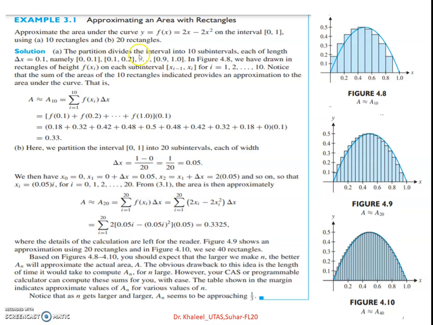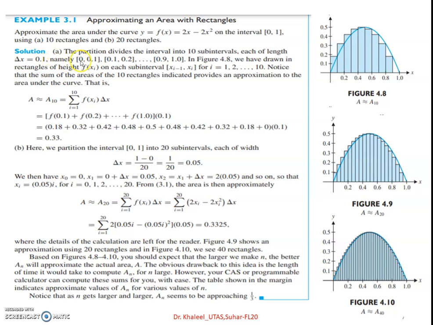The partition divides the interval into 10 subintervals. So for 10 rectangles, I have to divide into 10 subintervals, each of length delta x equal to 0.1, that is (b minus a) divided by n. So b is 1, minus 0, divided by 10, that is 0.1, is the width.